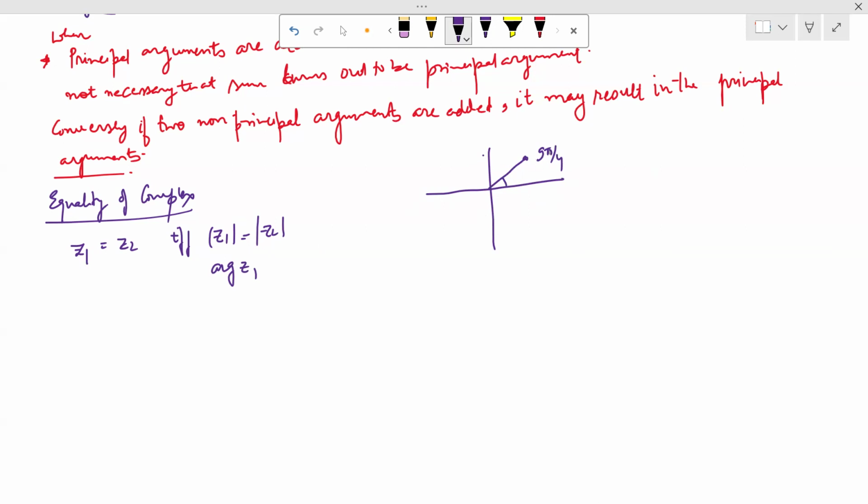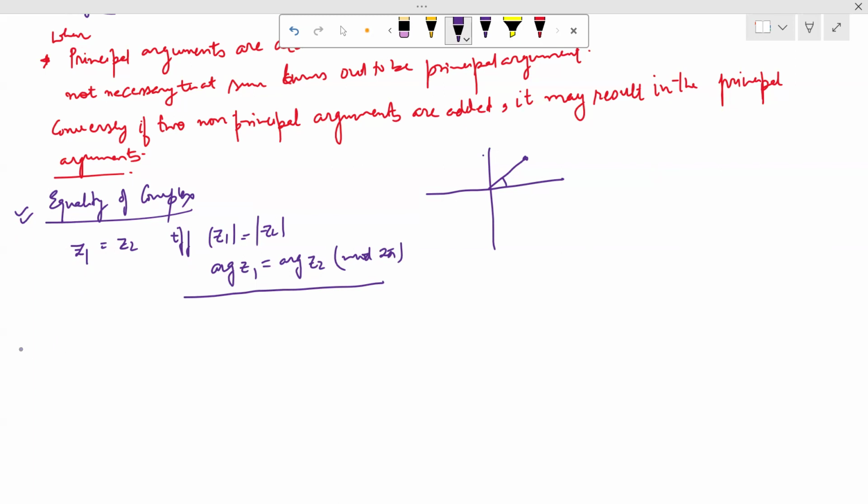So in order to write it more generally, argument of z1 should be equal to argument of z2 modulo 2 pi. This would be the more accurate way of writing the equality of complex numbers. So two complex numbers z1 and z2 are said to be equal if and only if modulus of z1 is equal to modulus of z2 and argument of z1 is equal to argument of z2 modulo 2 pi. We can refine the writing of equality of complex numbers this way.